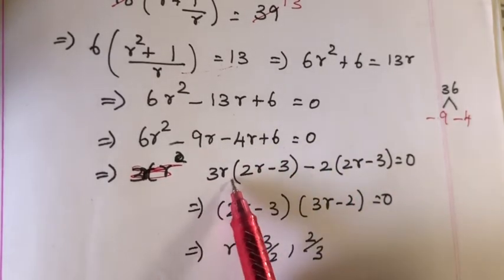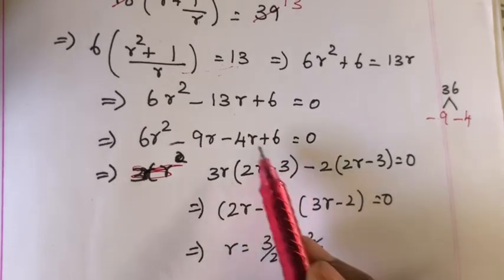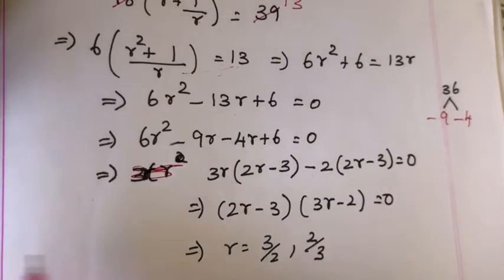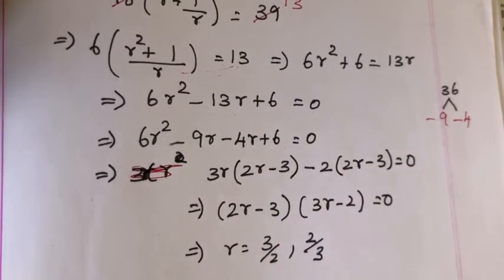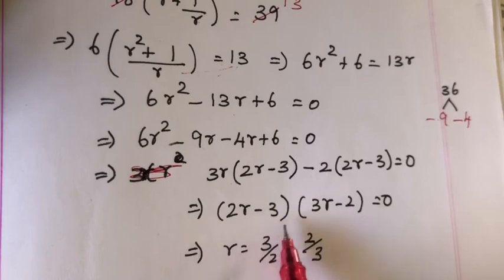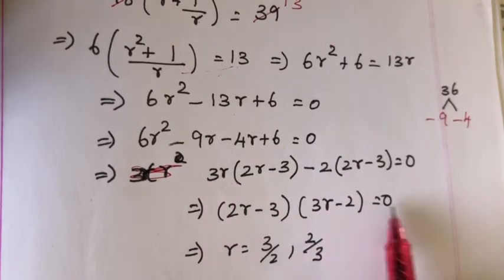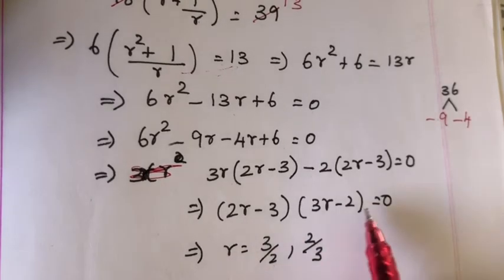Okay, 3R into 2R minus 3. Minus 2 if I take it will become 2R minus 3 is equal to 0. So, here 2R minus 3 as well here also 2R minus 3. If I take 2R minus 3 it is 3R minus 2 is equal to 0. So, R is 3 by 2 and 2 by 3.